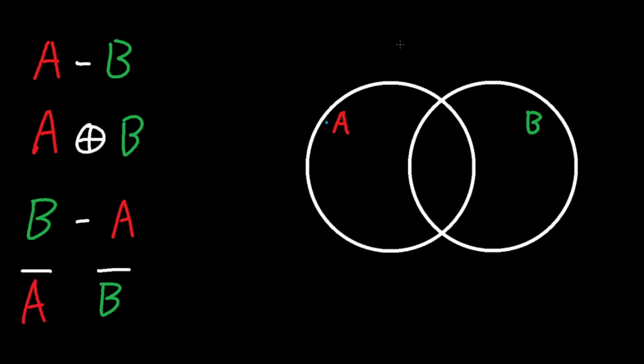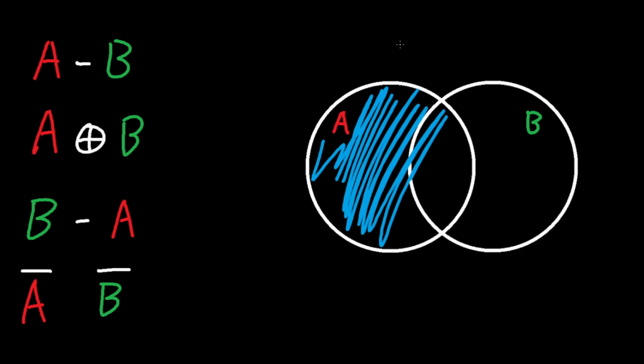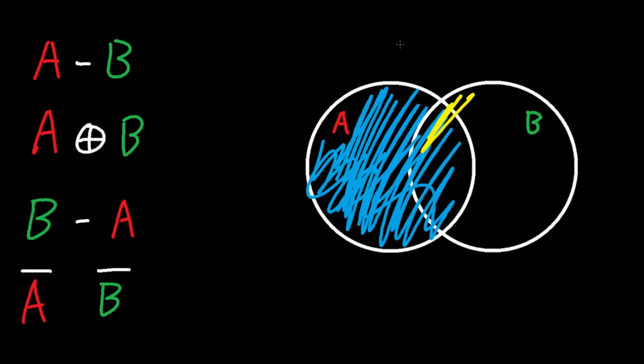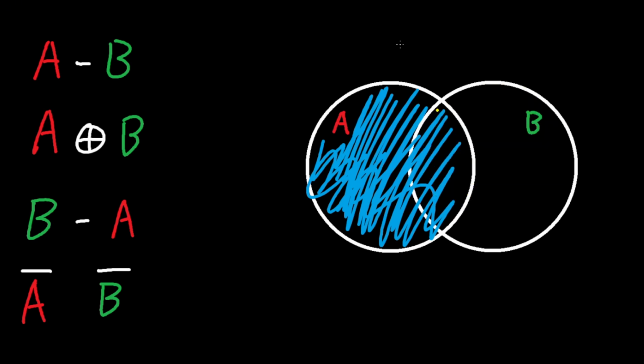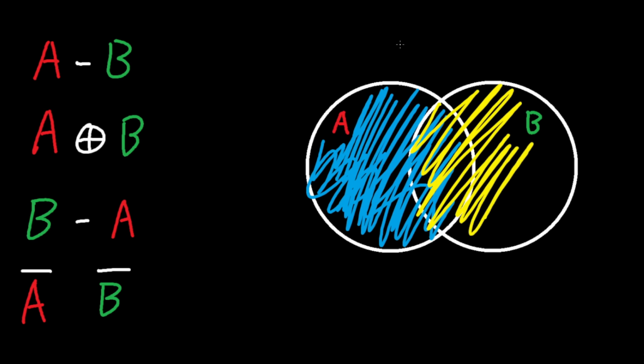Well, for this, you can fill out A, right? And you can also fill out B. Let's fill out both A and B. Okay, let's not overlap the B. Let's make this look nice. So once we fill out A and B, what does the symmetric difference do? Well, symmetric difference has the word difference in it. You hear difference, you should remove some color, okay? Again, you're just removing something.